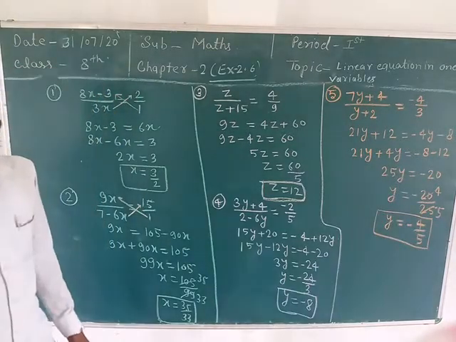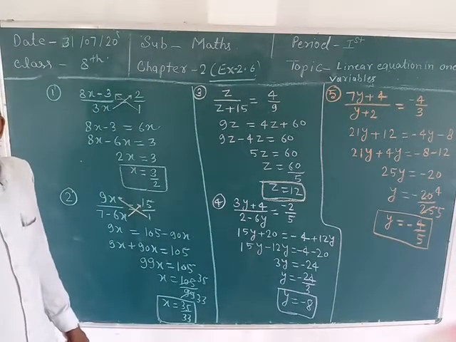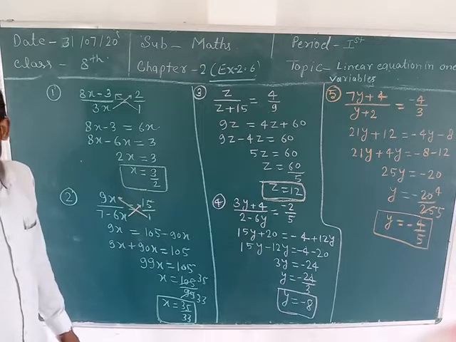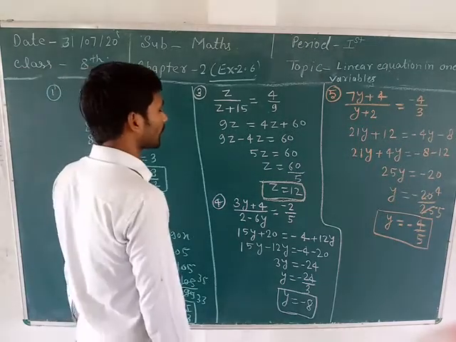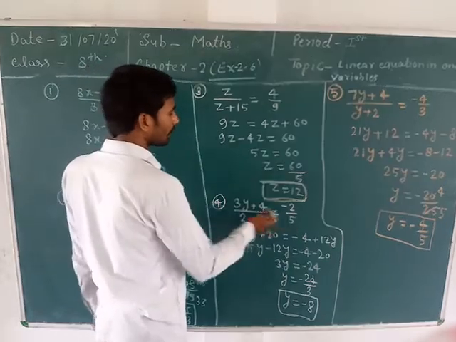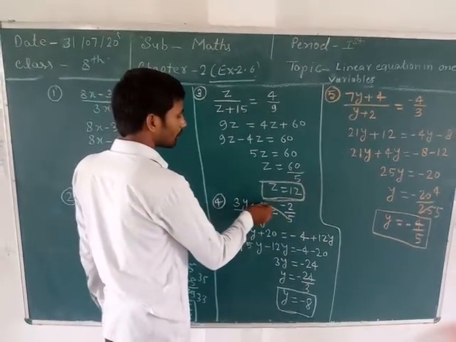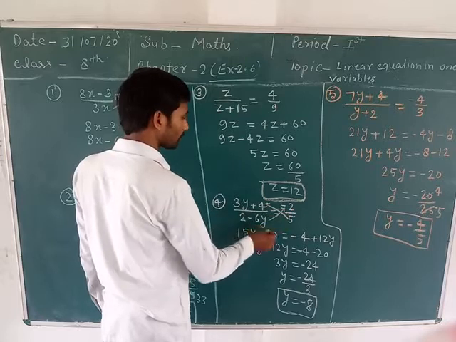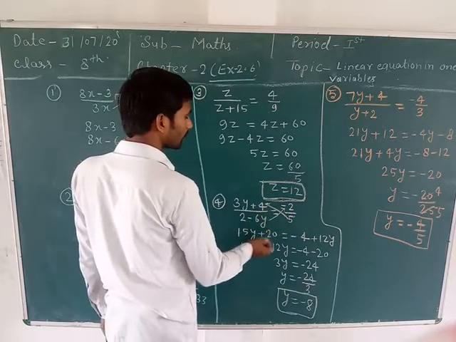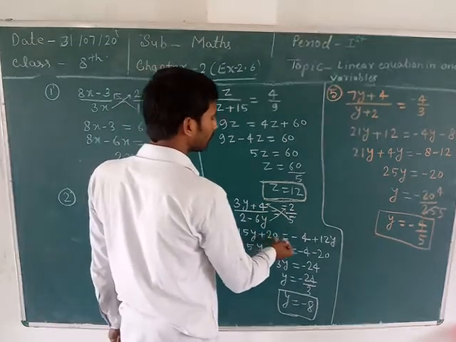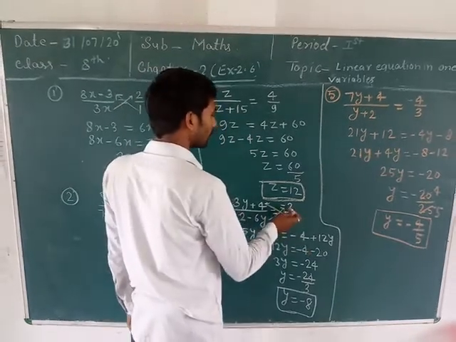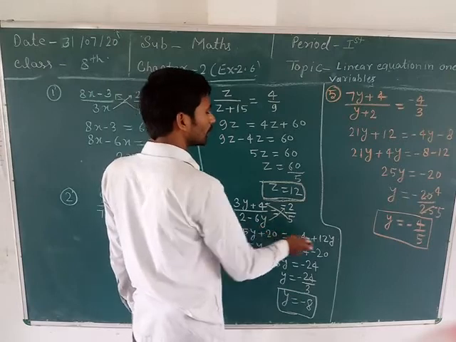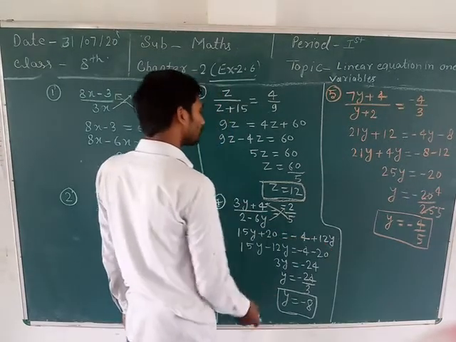Question number 4 is given as (3y plus 4) upon (2 minus 6y) equal to minus 2 upon 5. By cross multiplication, we have 5 times 3y is 15y and 5 times 4 is 20. So 15y plus 20 equal to minus 2 into 2, which is minus 4, and minus 2 into minus 6y equal to plus 12y.